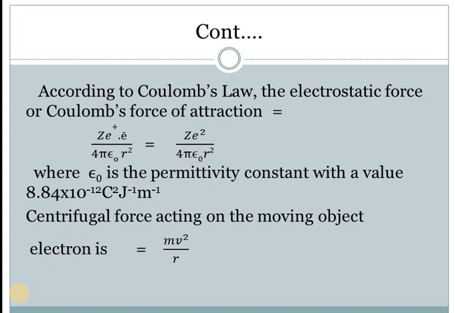Or we can simply say that Coulomb's force or electrostatic force is equal to Ze square by 4 pi epsilon naught r square, where epsilon naught is the permittivity constant and the value is 8.84 into 10 raised to power minus 12 coulomb square per joule per meter. Whereas the centrifugal force acting on an electron is equal to mv square by r.